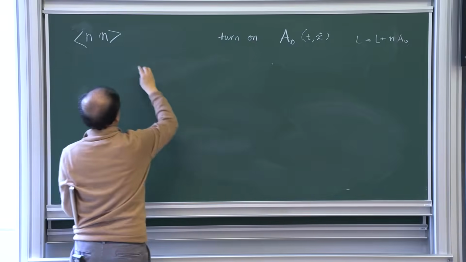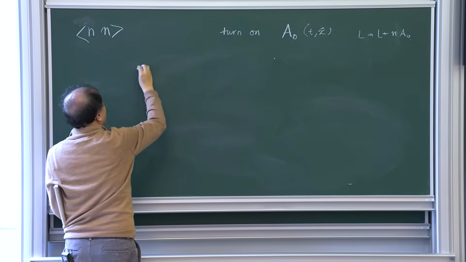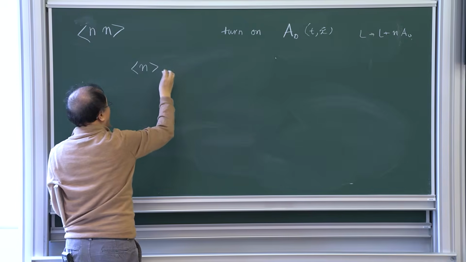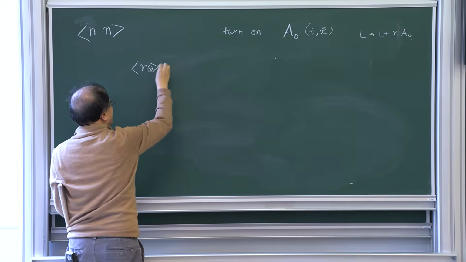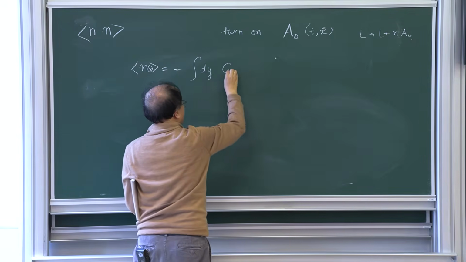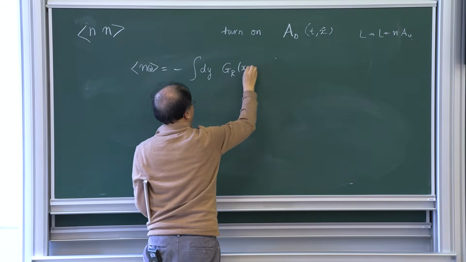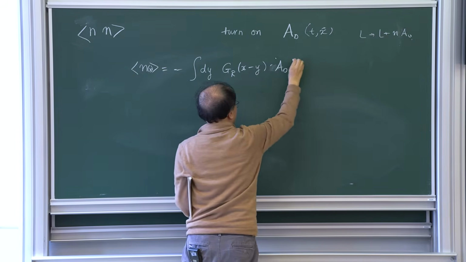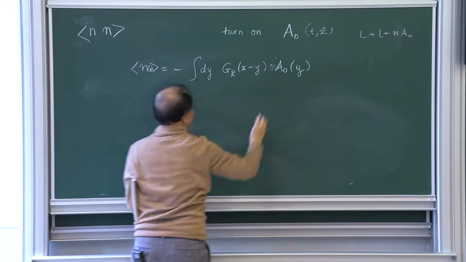Then by looking at the expectation value of n at point x, we can get the retarded Green function of the density by the standard formula of linear response theory.